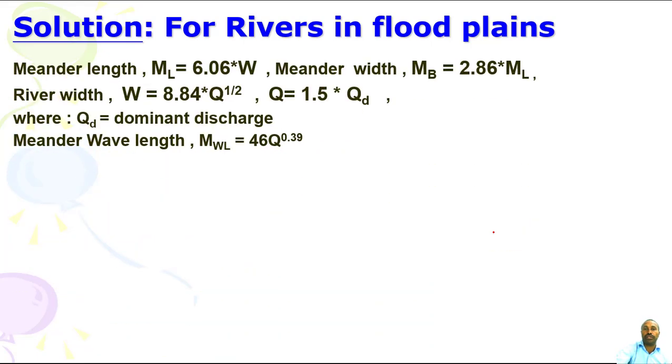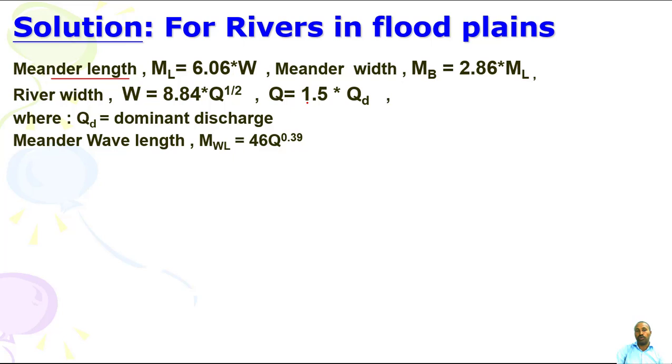For rivers in floodplains, you will have these equations. Meander length is 6.06 times river width, meander width is 2.86 times meander length, and river width is 8.84 square root of Q, where Q is the maximum discharge.